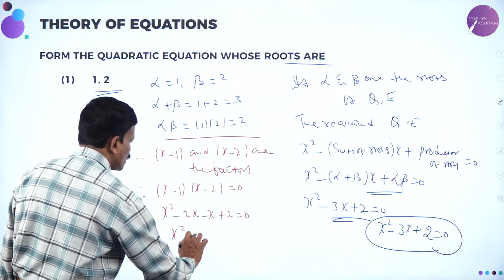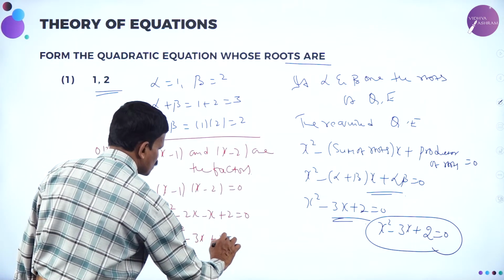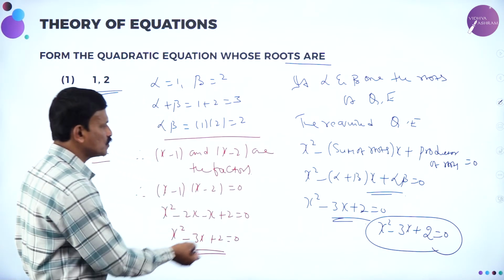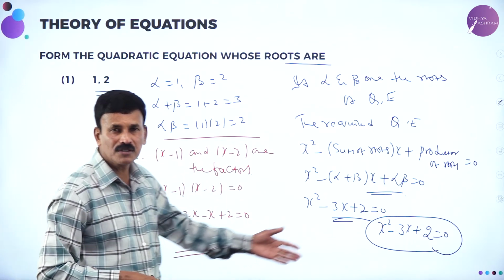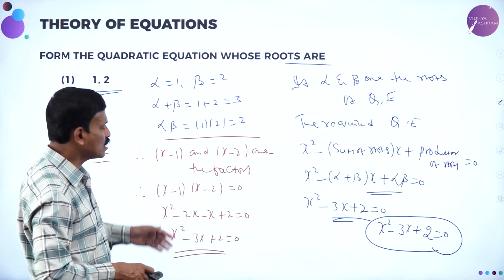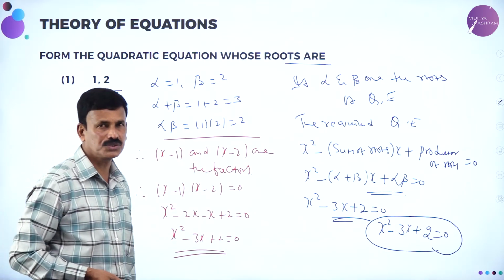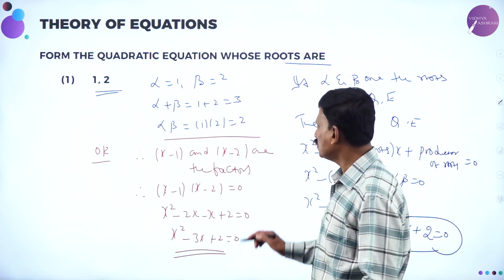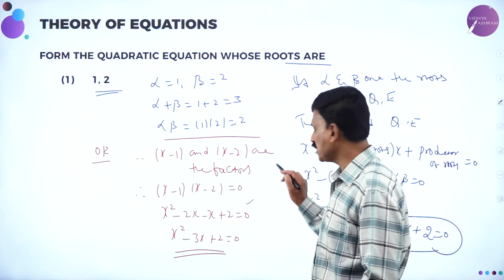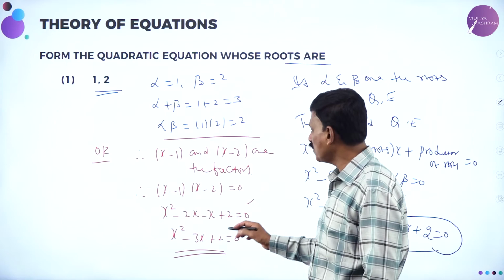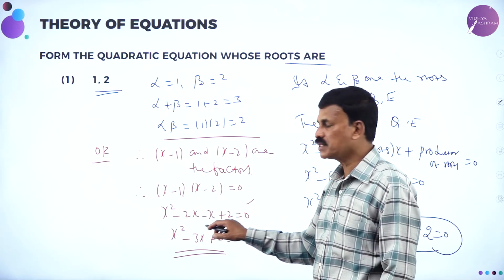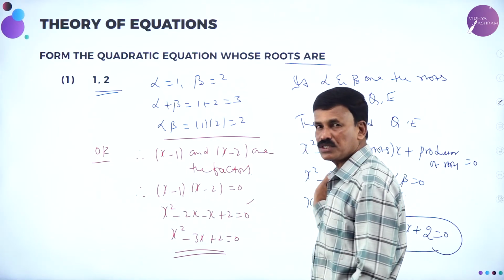This is x square minus 2x minus x is minus 3x plus 2 is equal to 0. So you can solve by the method of formula, or by just multiplying you can also get the solution. So this is by factorization method, this is by formula method. If you want to get the equation by factorization method, you use this method, and by formula method, you can use the other method.